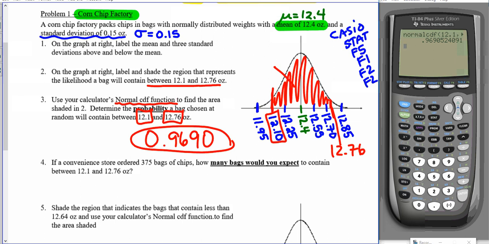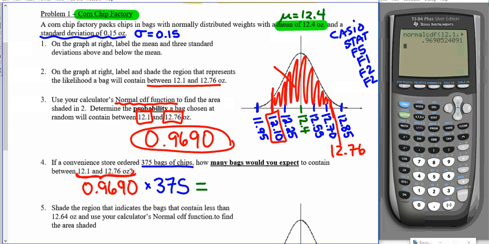All right, in the next question it asks, if a convenience store ordered 375 bags of chips, how many bags would you expect to contain between 12.1 and 12.76 ounces? So we know that the probability that you're between 12.1 and 12.76 ounces is 0.9690. So we have to find that portion of the 375 bags of chips that were sold in the store.